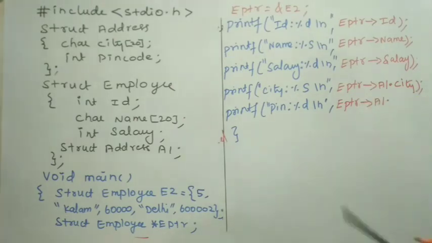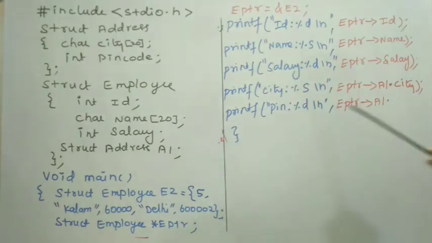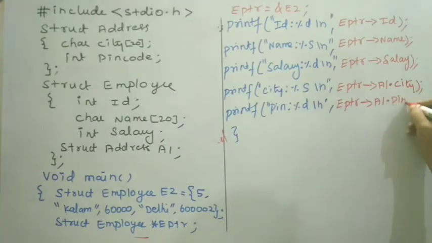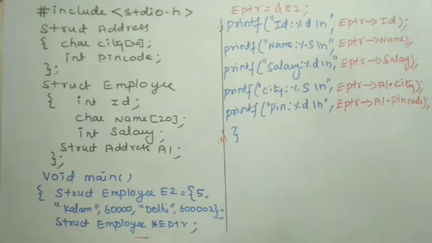A1 is a structure variable for the structure address, so to access its data member pin code, I am making use of the dot operator. Dot operator pin code will get the content of this data member, and it is replaced by this control string.